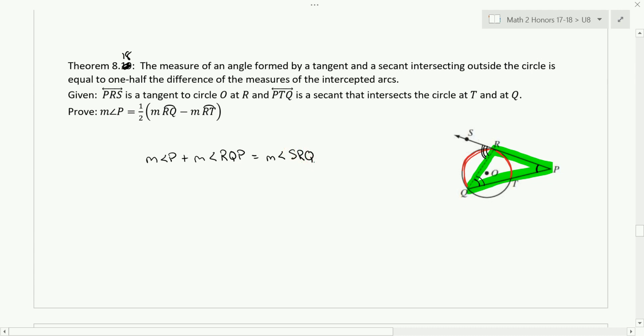Okay. Then we want to solve for the measure of angle P. This is the exterior angle theorem.